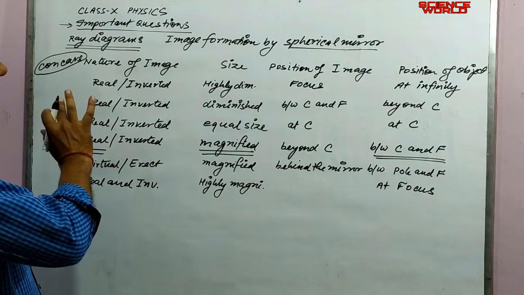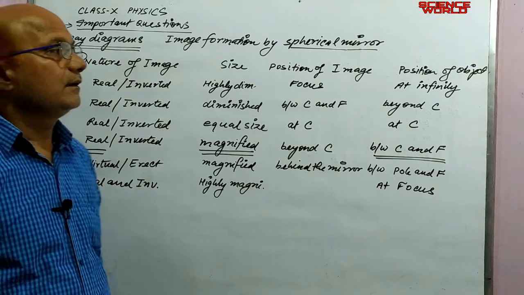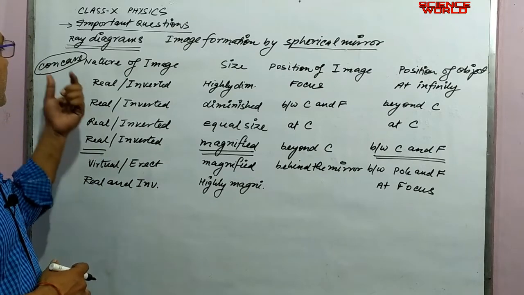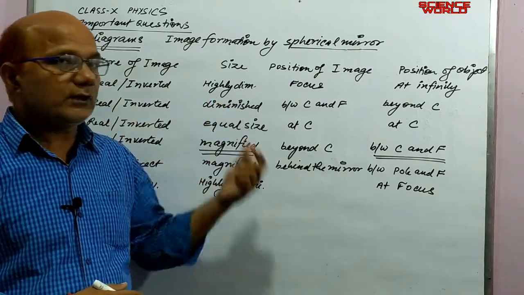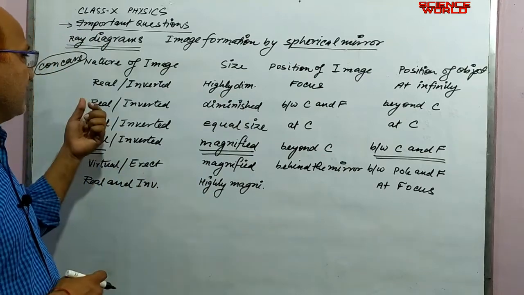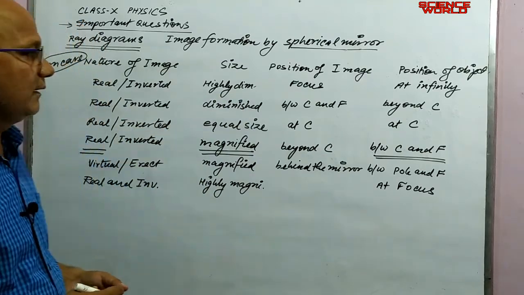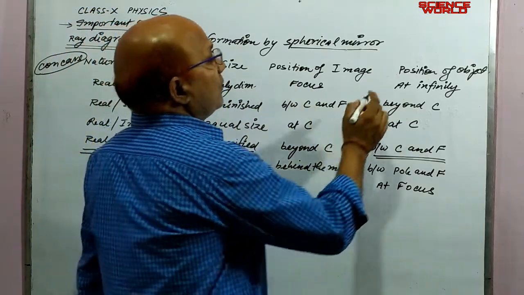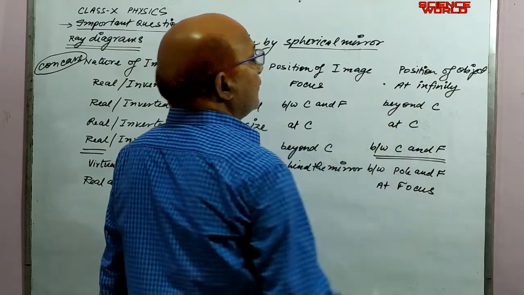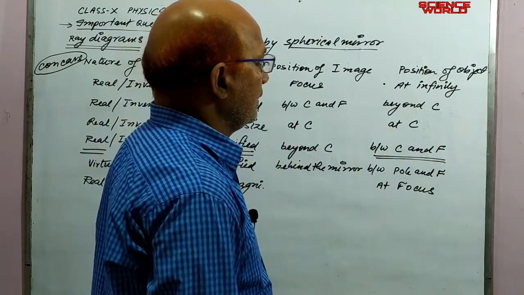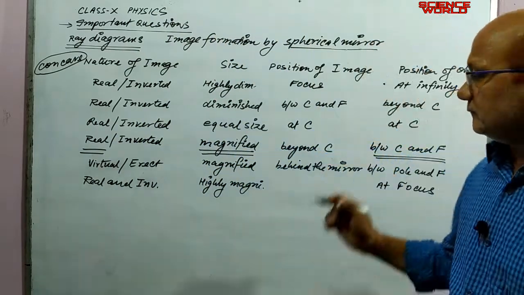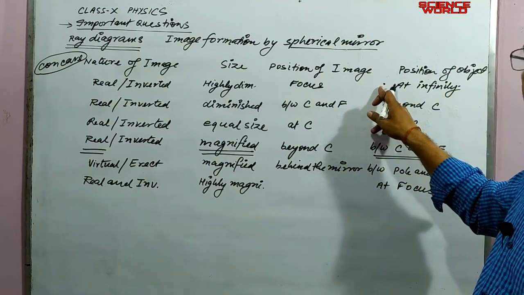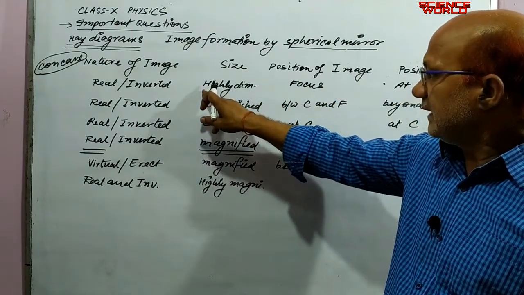Now, this is a complete table by which you can remember for what position the image is required. As you can see, now compare the size of image. When the object is at infinity, you can see the size of image is highly diminished.